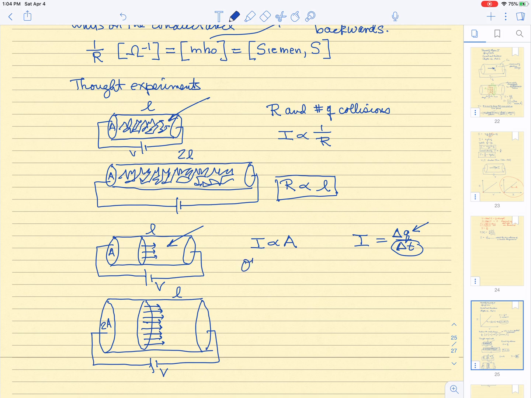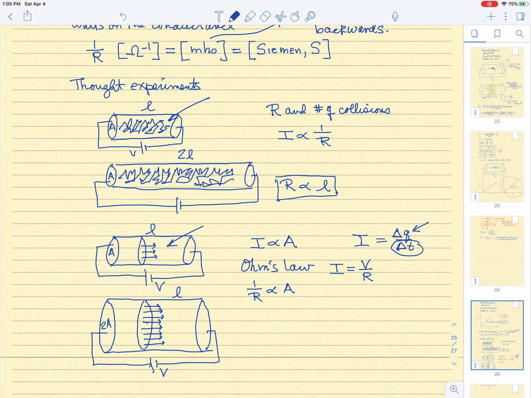And so now by Ohm's law, right, current is going to be equal to voltage divided by the resistance. So then 1 over the resistance is going to be proportional to the area.